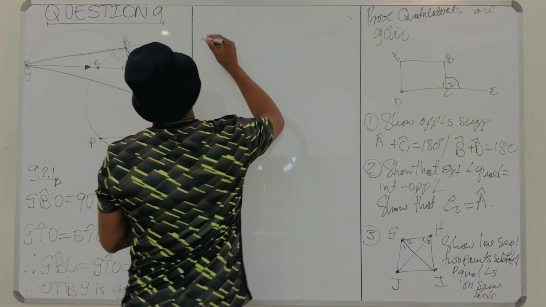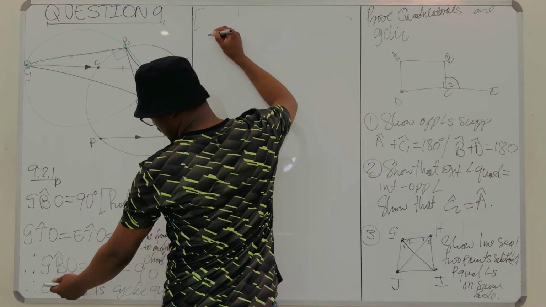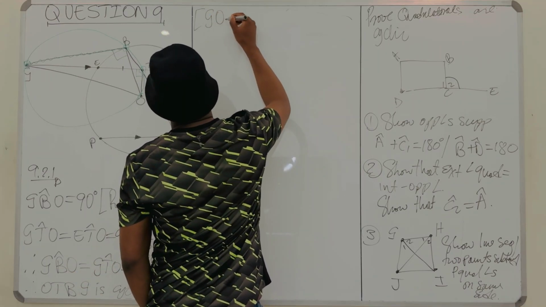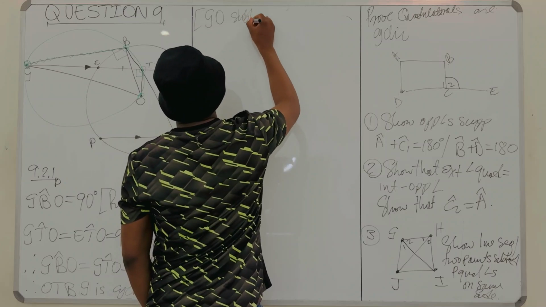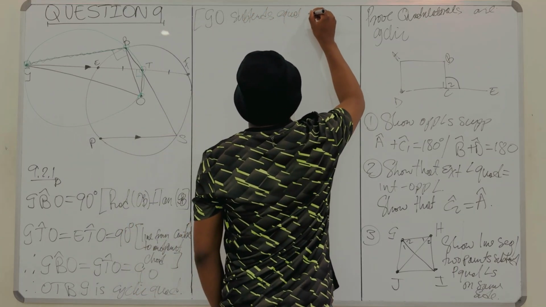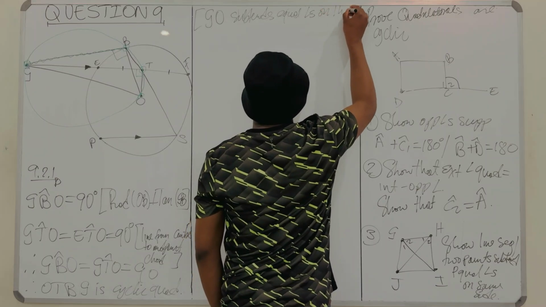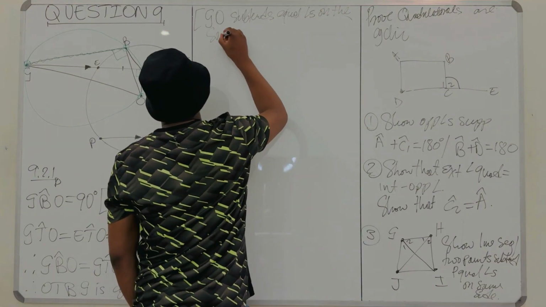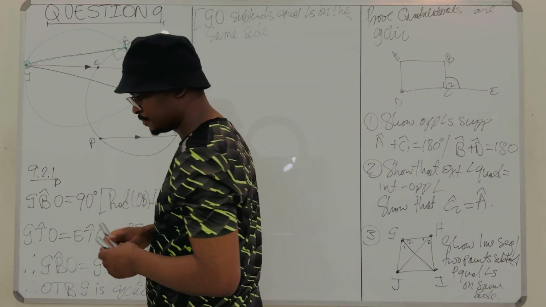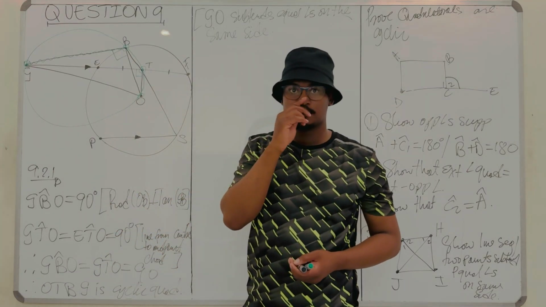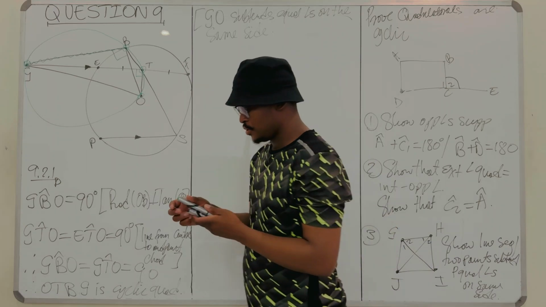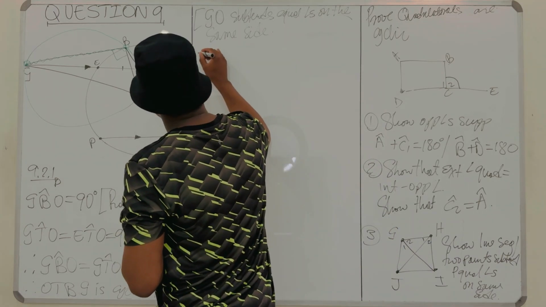So my reason for this is: GO subtends equal angles on the same side. That's it. No problem. We're done with 9.2.1.